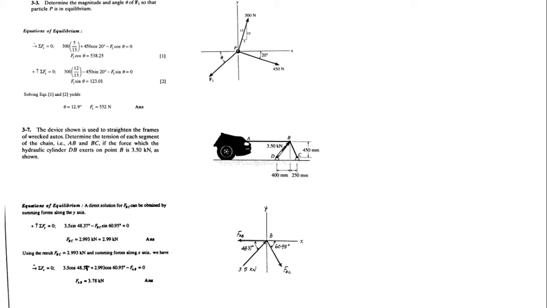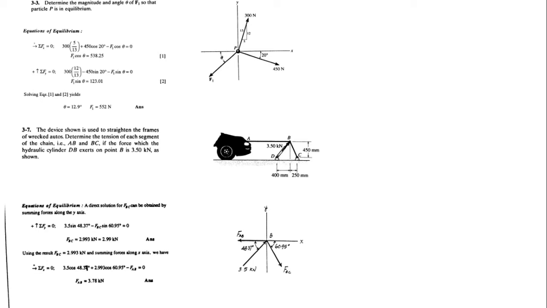So how will you solve this system? Again the same way I have told you: first of all, see the numerical, see the data, and build up your respective FBD, free body diagram. If you look, you have got an XY coordinate system. Your critical point is the point B, on which your origin is lying.